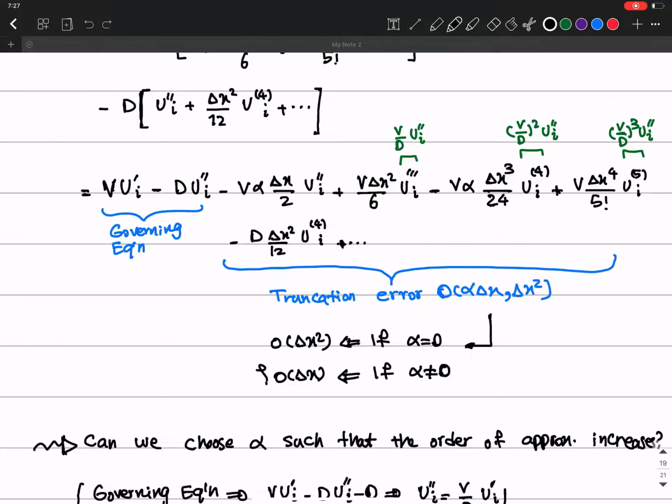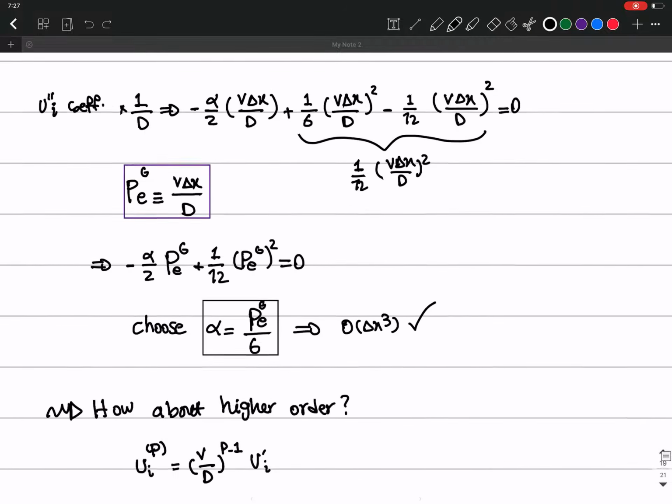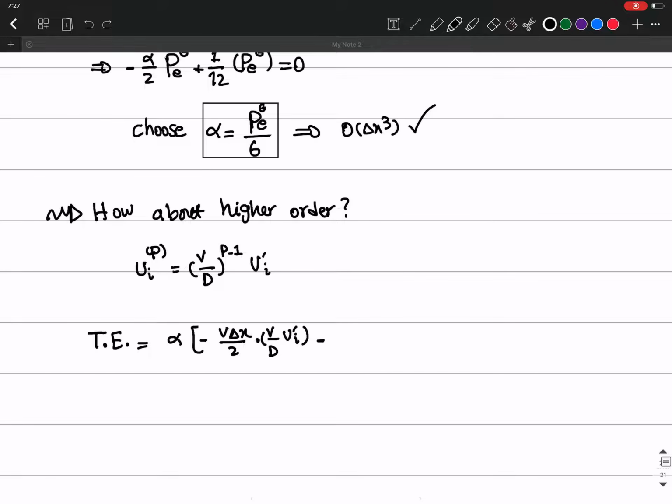So I have V delta x cubed over 24 times V over D cubed, because I want to write it as U prime I, times U prime I and other terms that have alpha in them.